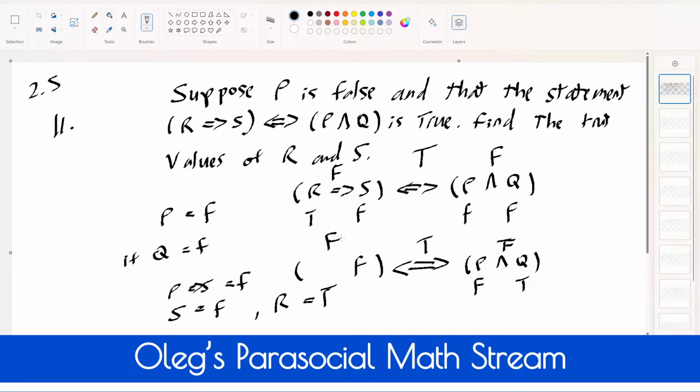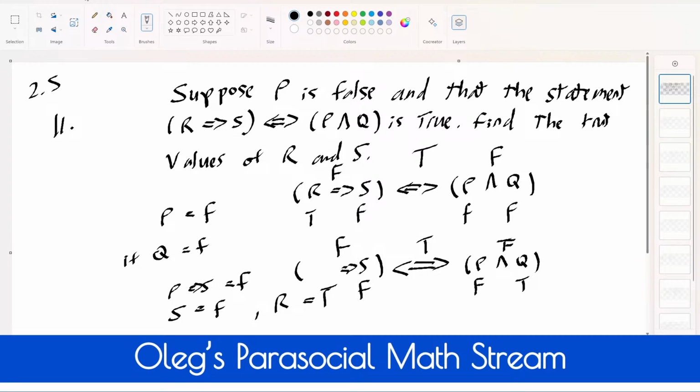The whole thing has to be false. Now, if they are both false, that would be true because it would be unchallenged. By the way, this is a single implication. This is a double implication. That both being false is true applies to both of them.